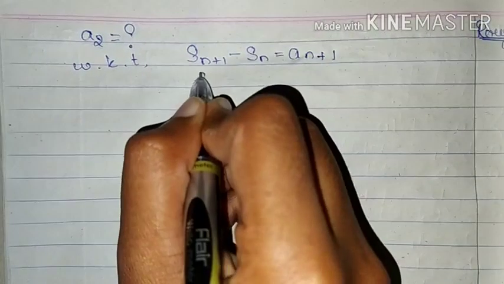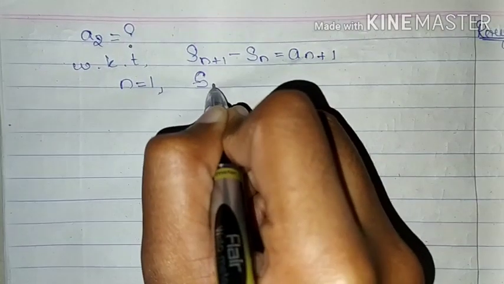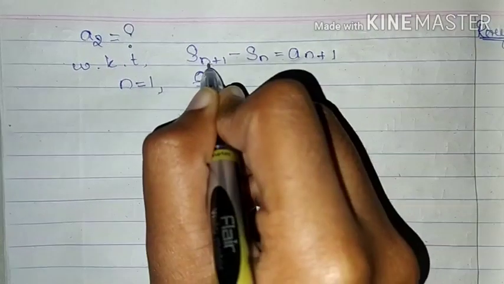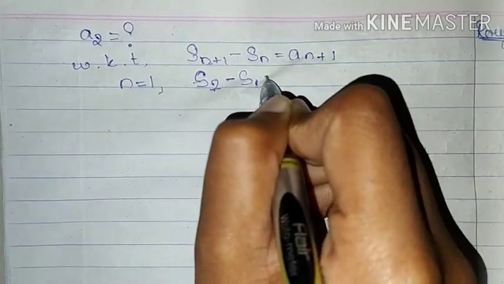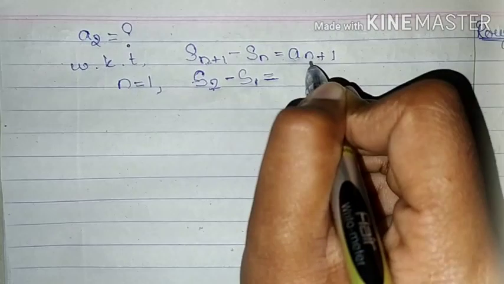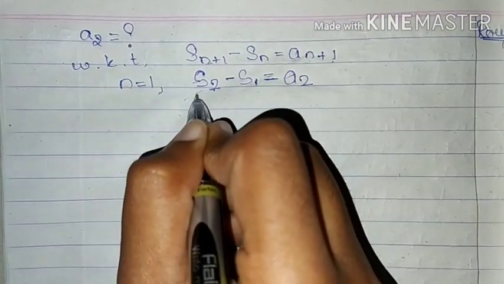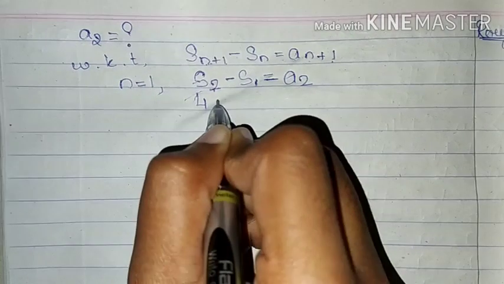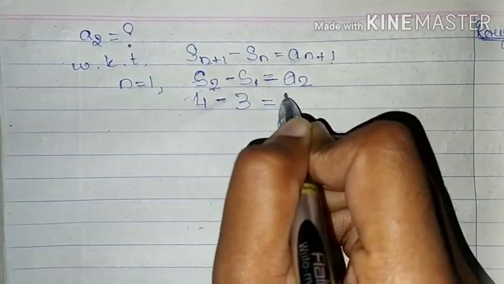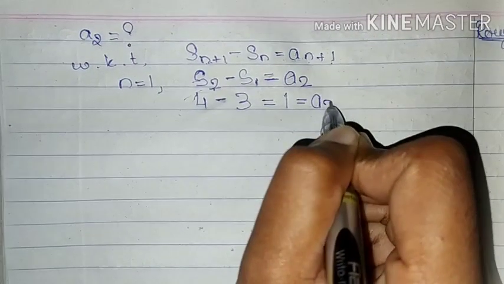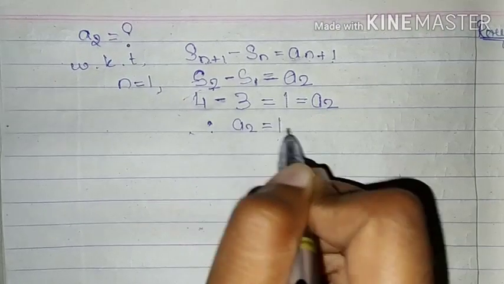Here, let n be equal to 1. So we get S2, because n is equal to 1, 1 plus 1 is 2, minus S1 will give us A2. What is the value of S2? We found that the value of S2 just now was 4 and the value of S1 was 3. So 4 minus 3 is equal to 1, which is equal to our second term A2. Therefore, A2 is equal to 1.